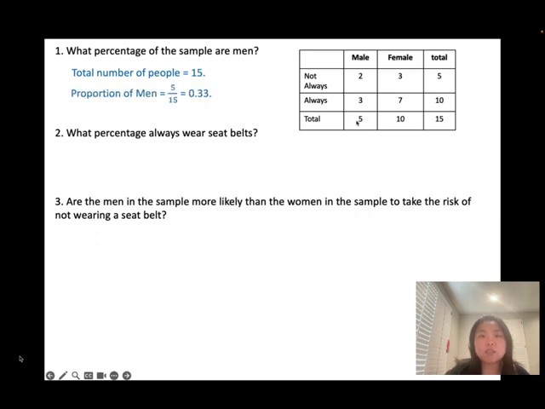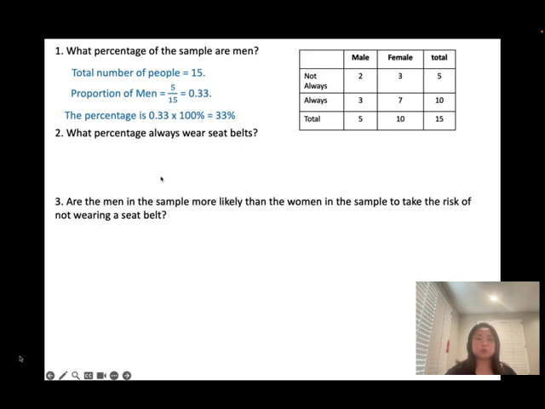So we find the proportion of the men, the number of men divided by the grand total: 5/15, which is 0.33. This is the proportion. To find the percentage, we take the proportion of the men times 100%. So we have 33% males in the sample.